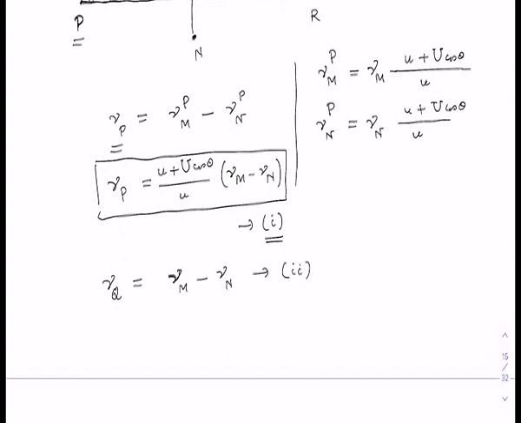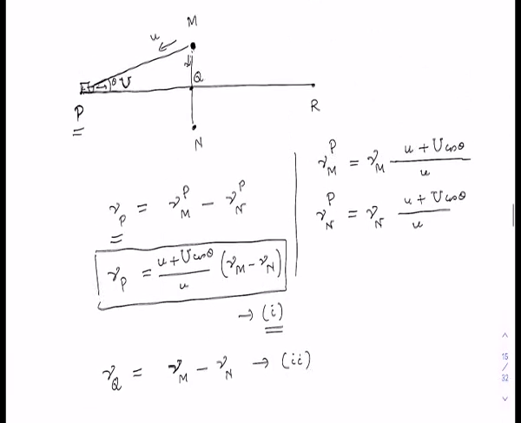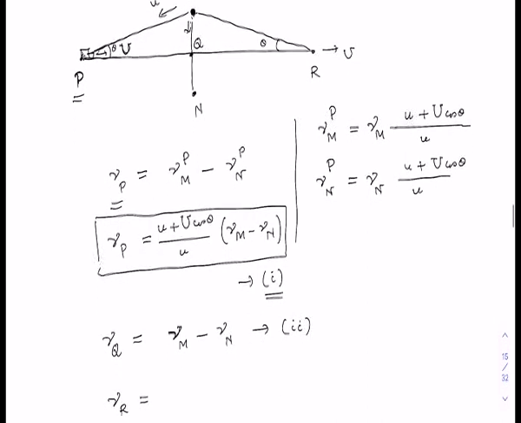Now what about the beat frequency at the point R? In this case, the car is moving away from the source with velocity capital U, and the angle would be again theta. As it is moving away from the source, it is very straightforward, and you can clearly see that you will obtain this formula.